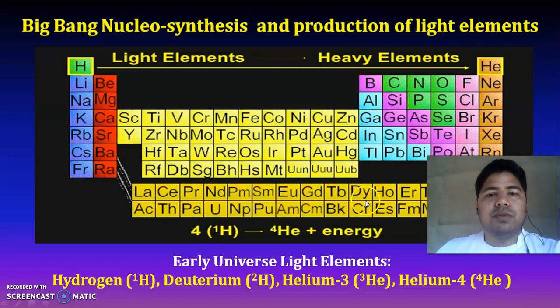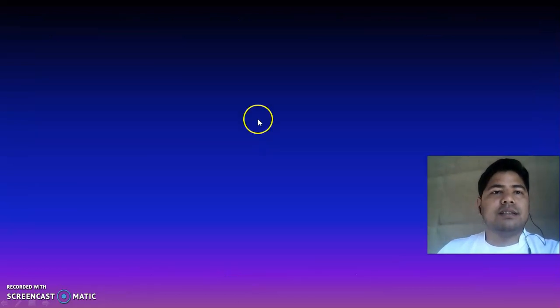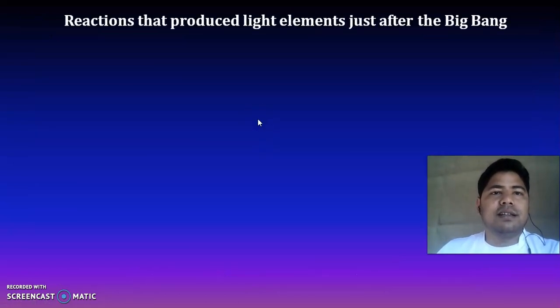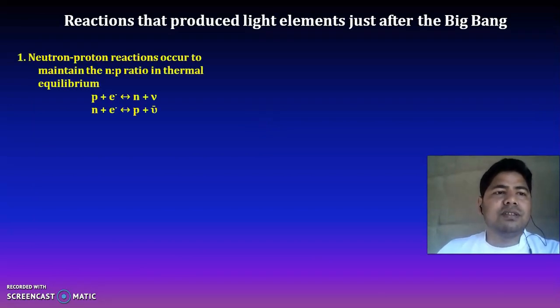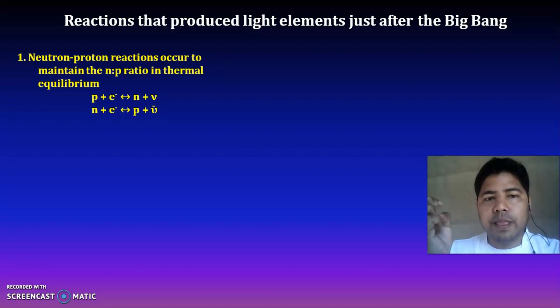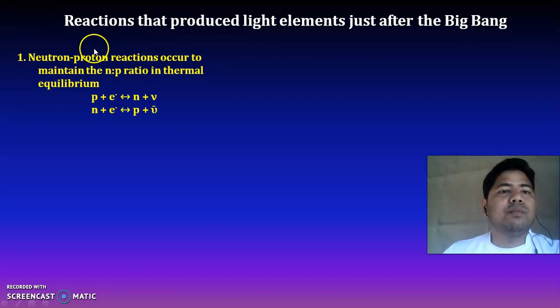Okay, so coming to the next slide, the reactions that produce the light elements just after the Big Bang. The first reaction we are putting here is the neutron-proton reaction. These reactions started just after 1 second after the Big Bang. The neutron and proton reactions occur to maintain the neutron-proton ratio in thermal equilibrium.